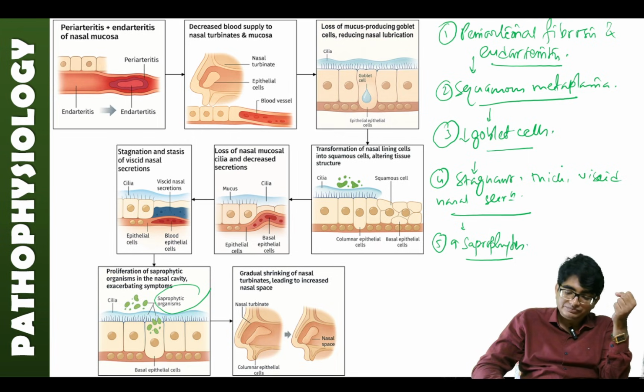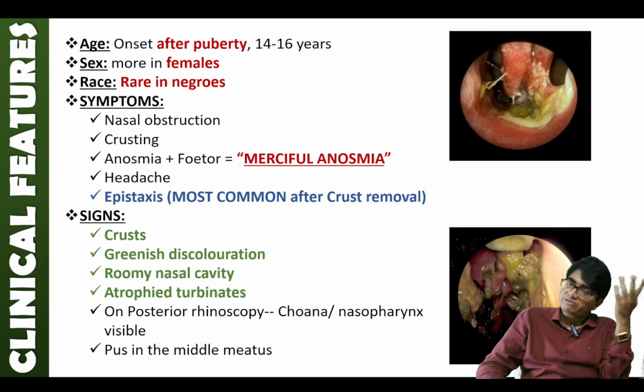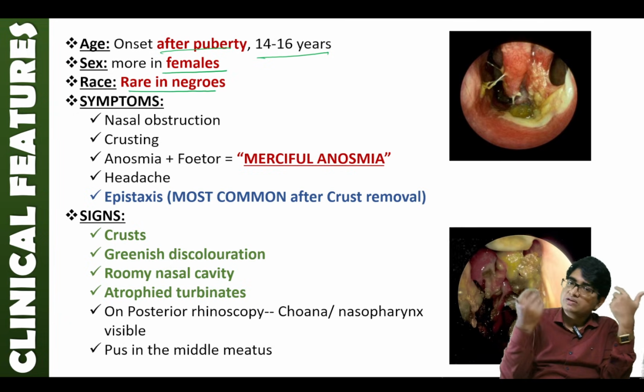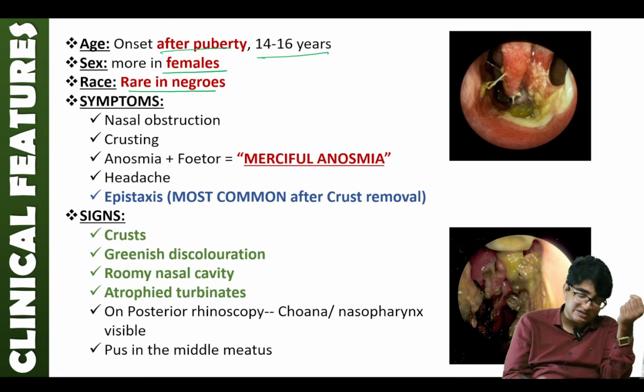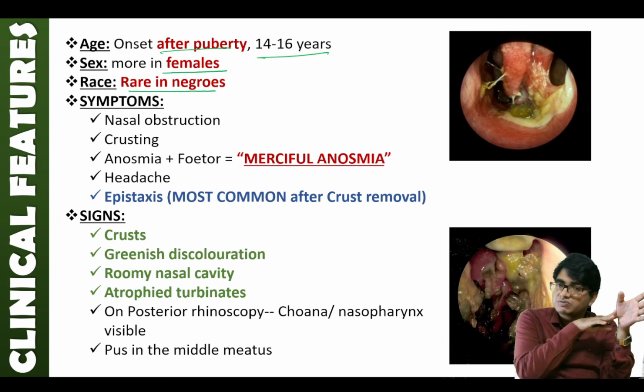Now coming to the clinical features, I have already said onset is after puberty, 14 to 16 years, more common in females, rare in Negroes, that means more common in white and yellow races. Patient will come to us with what symptoms? I have already said in the first question itself.